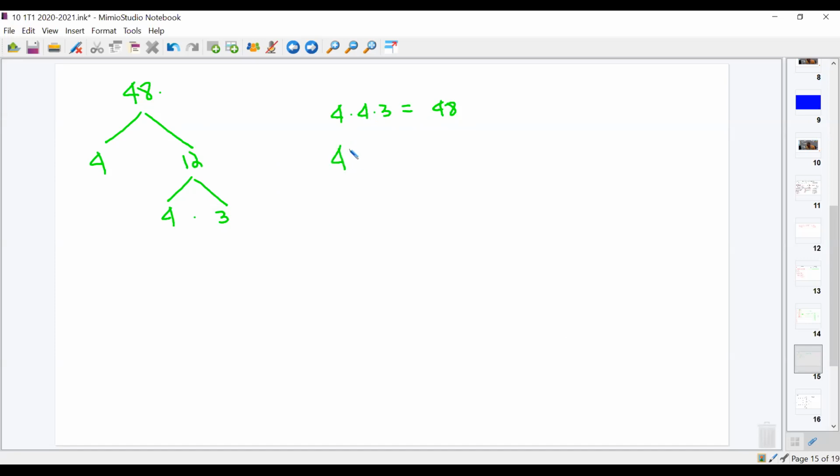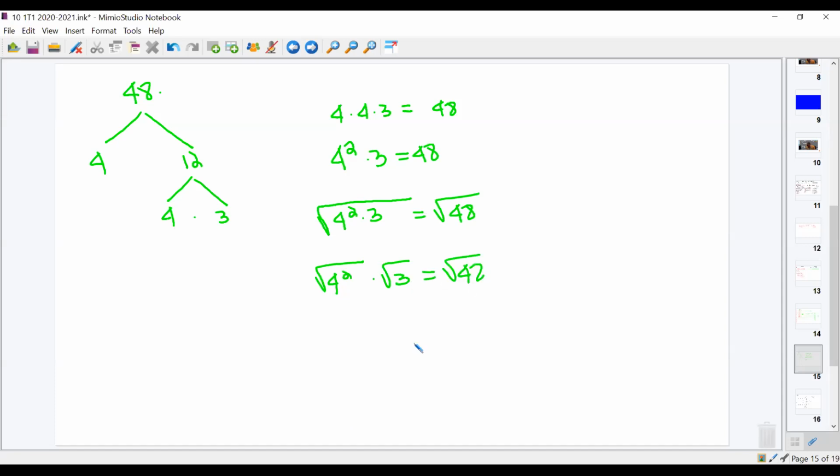So 4 squared times 3 equals 48. Yes? So I can say that the square root of 4 squared times 3 is the same as the square root of 48, right? Using the previous property, the square root of 4 squared times the square root of 3 equals the square root of 48. So this can cancel, and I can have 4 times the square root of 3 equals the square root of 48.